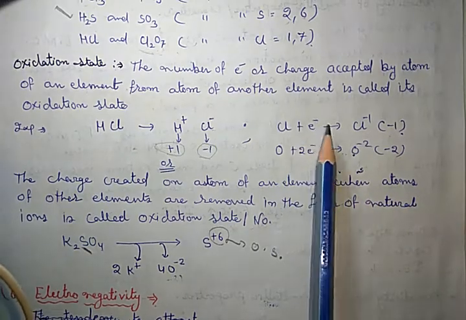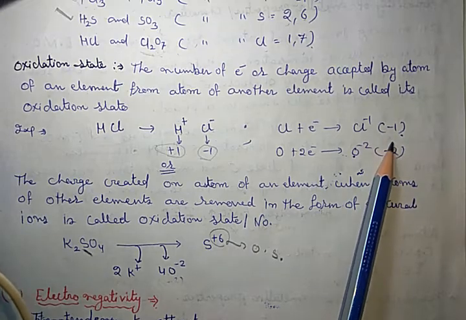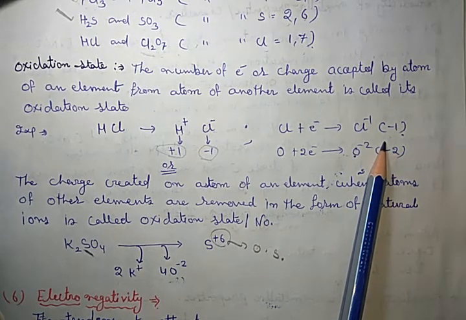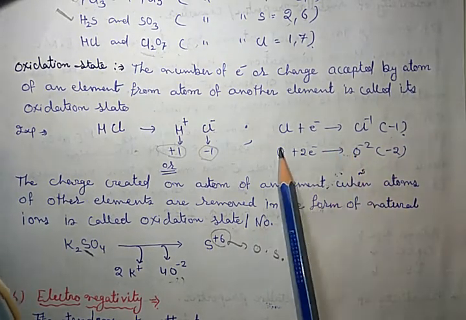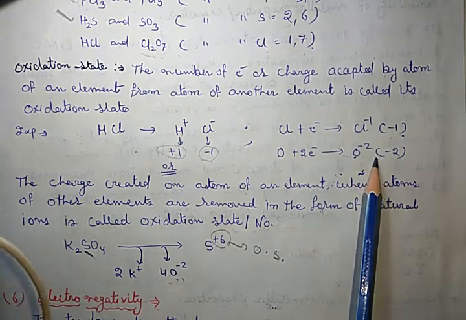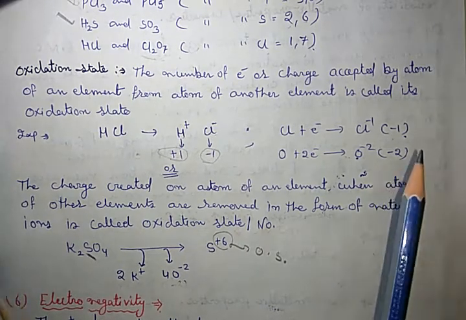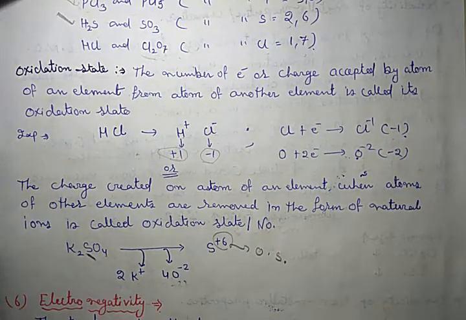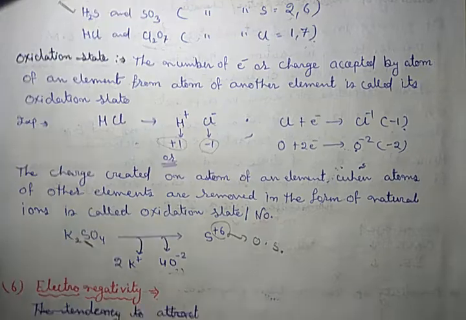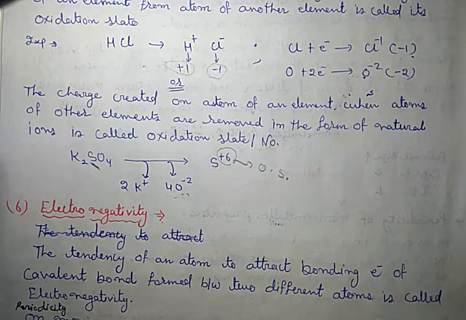Here 1 electron is received, so -1 is created, so its oxidation state is -1. Similarly oxygen receives 2 electrons and forms O2-, which is -2, that's its oxidation state. Got it?